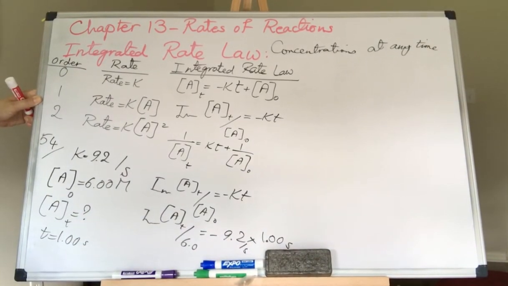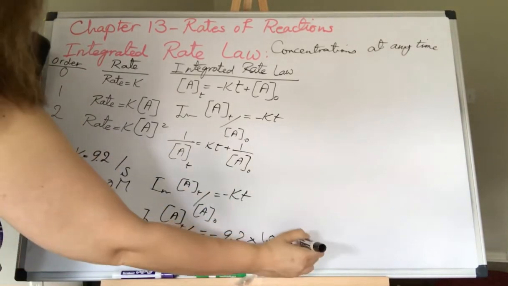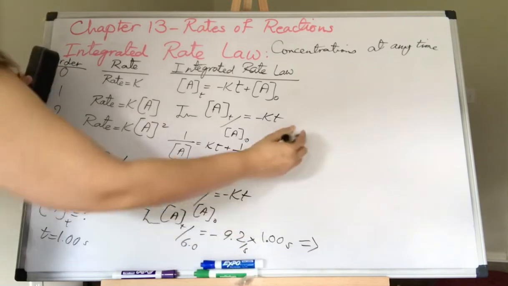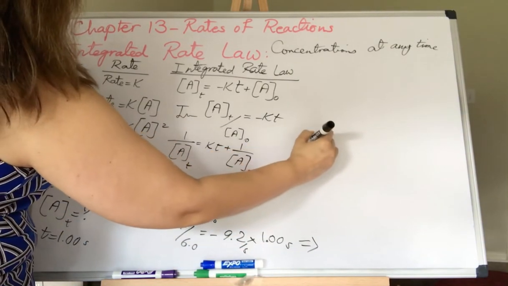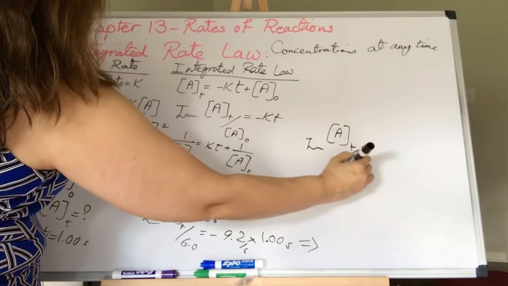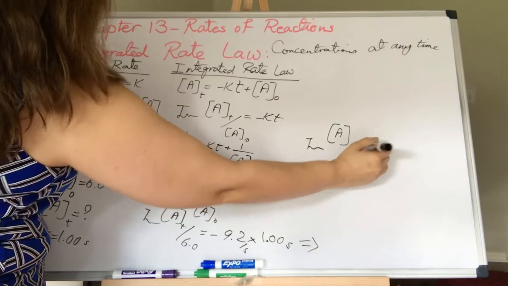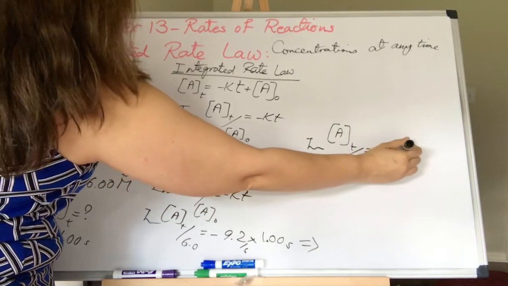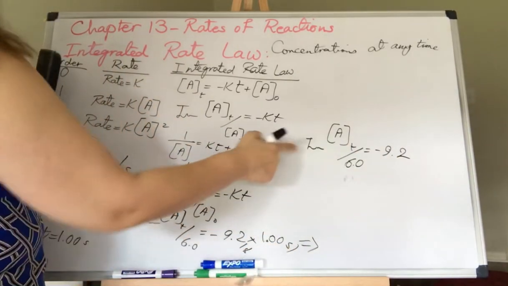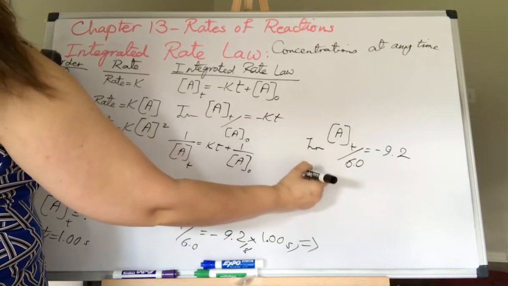So look back here. So ln of AT over 6 is minus 9.2. And then the opposite function of ln, in order to cancel ln, is e.